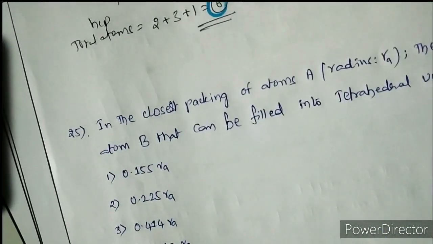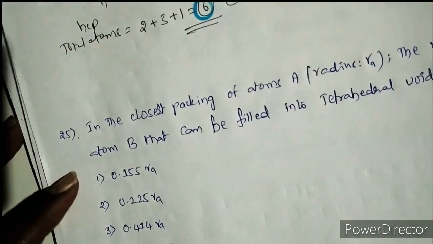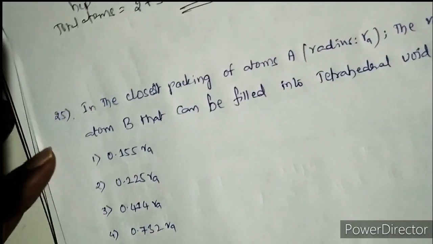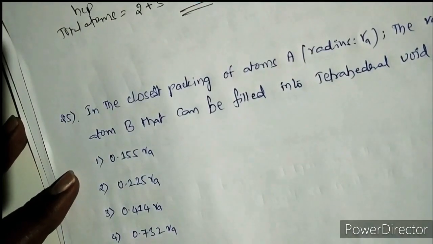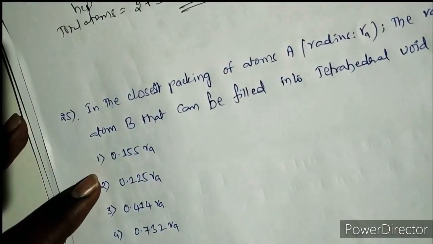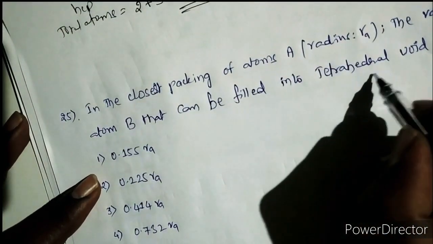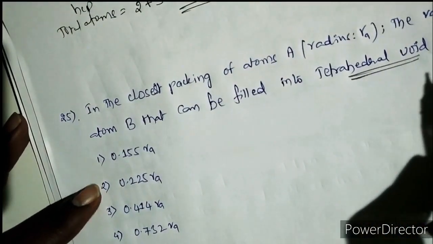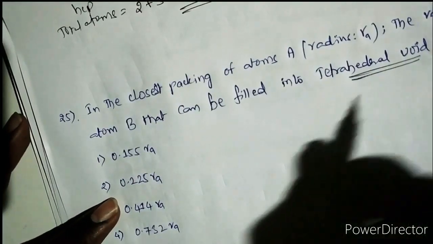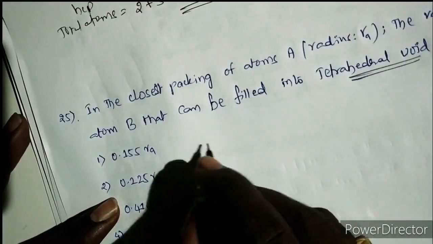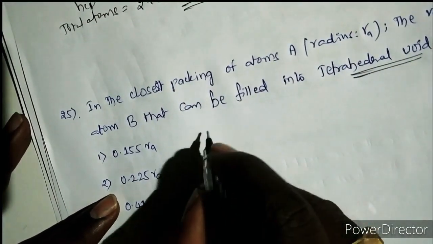Next, question 25: in the closest packing of atoms A and B, the radius of atom B that can be filled into a tetrahedral void is. Simply they are asking for the tetrahedral void size. There is a very big derivation that I will post in my next video.